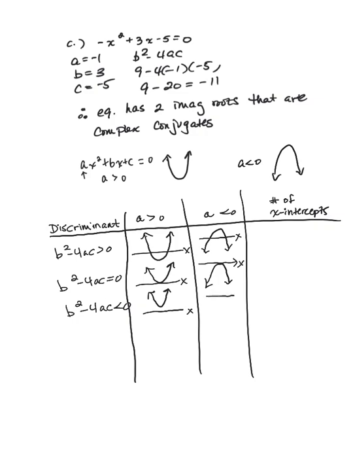And as you know, this is imaginary, so your frowny face will not hit the x-axis. So as we said, this is 2, this is 1, 0. Nice little chart to help organize your thoughts.